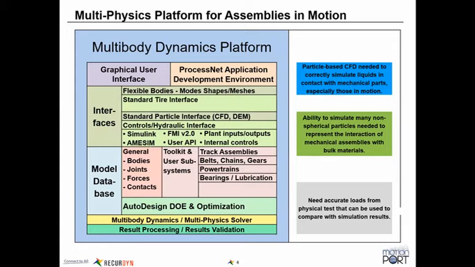And that's needed to represent the interaction of mechanical assemblies with bulk materials. So the applications, we'll review some here in the next few minutes, but any kind of interaction with powdery or gravelly or soils type of bulk materials can then be accommodated with this capability.